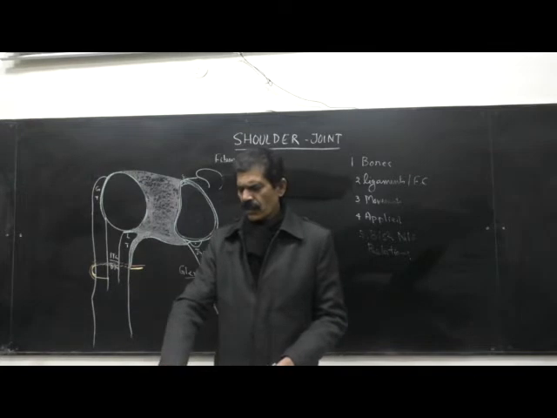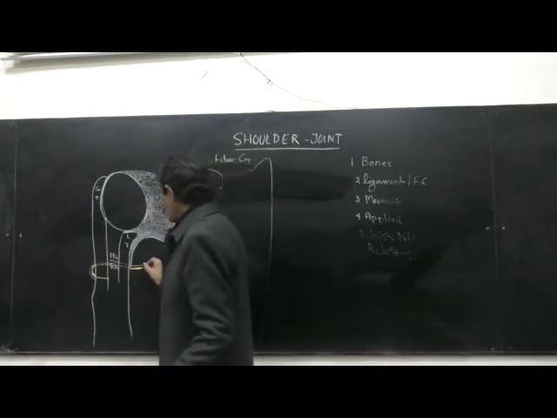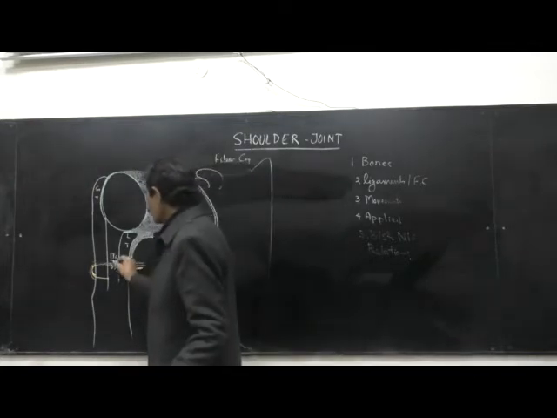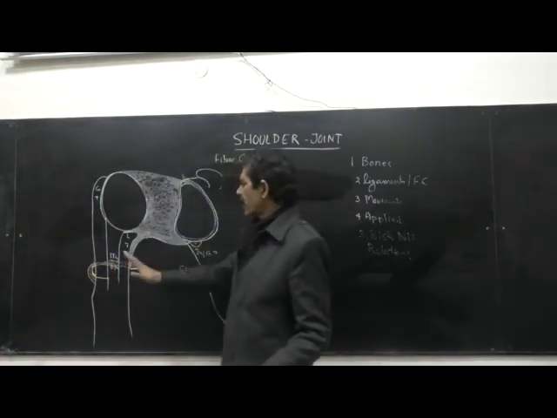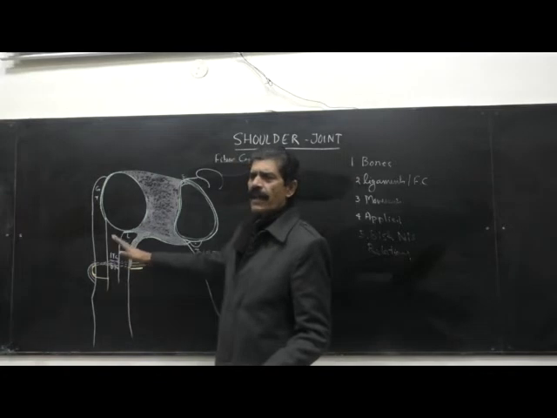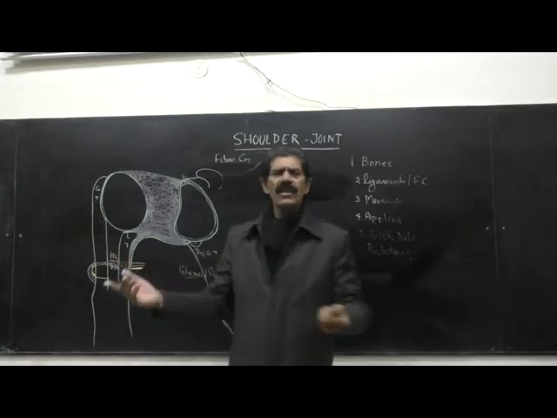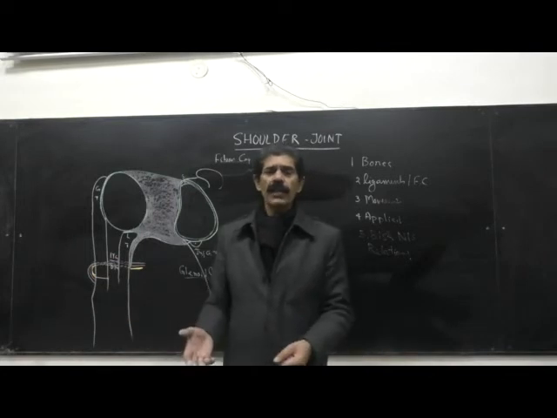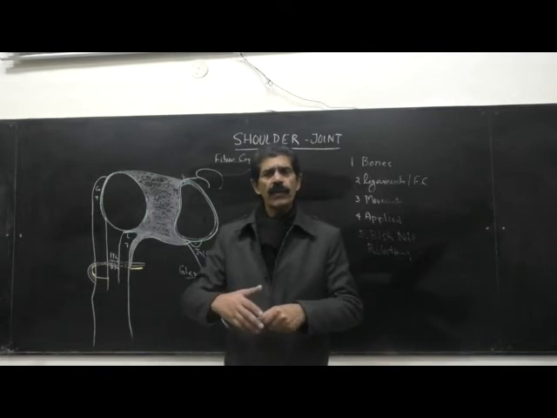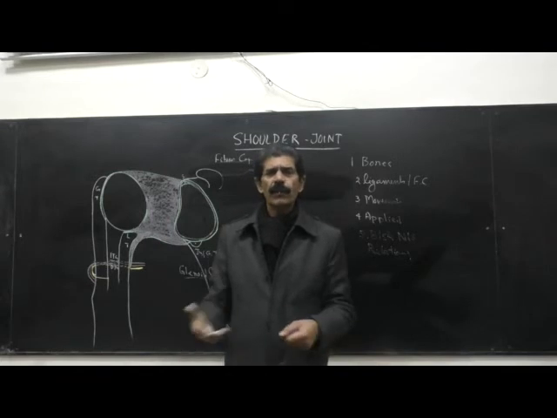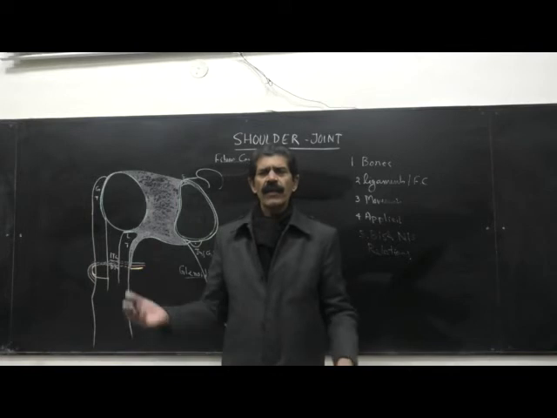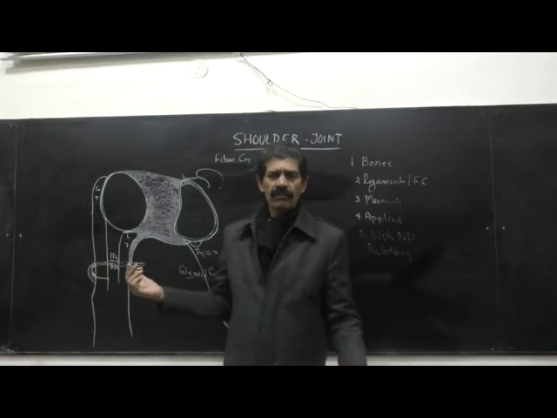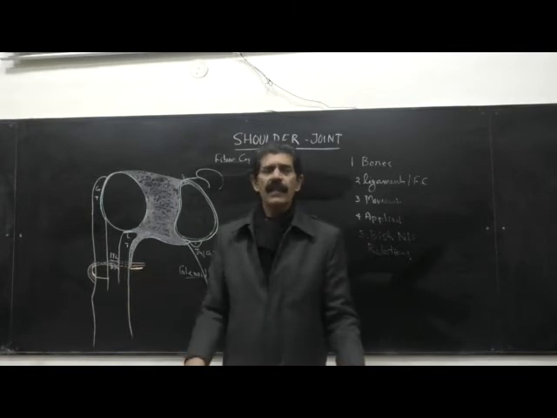So whenever a patient comes with a fracture of the surgical neck of the humerus, there are chances that this axillary nerve is trapped in the fractured fragments, and it may be crushed and injured. And the patient has to be shifted to the operation table and operated. We have to expose the surgical neck and we have to repair the nerve. That's why it's called the surgical neck of the humerus.